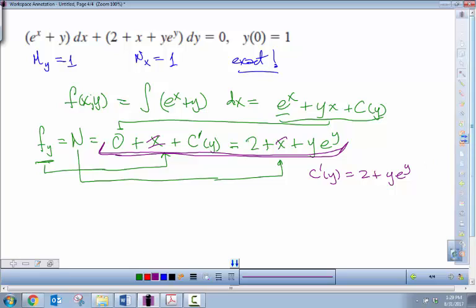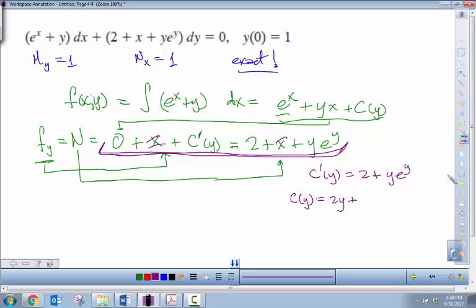Now we have to take the antiderivative of that. I know the antiderivative of the first one. Now we need the antiderivative of the second one. How do we get the antiderivative of that? Integration by parts.